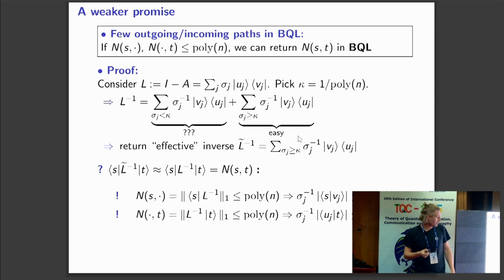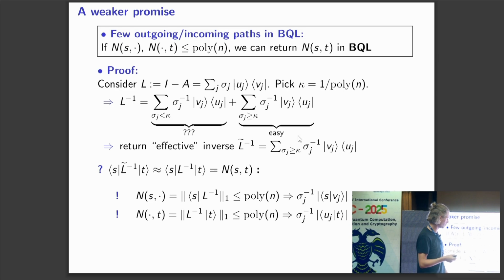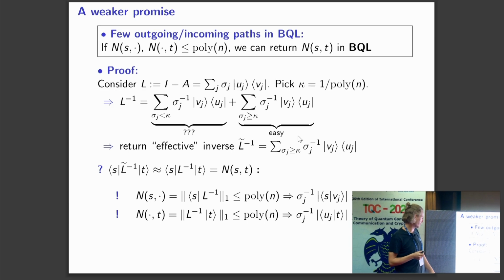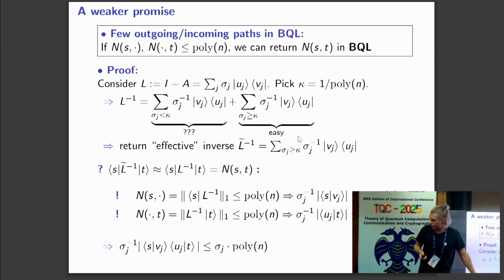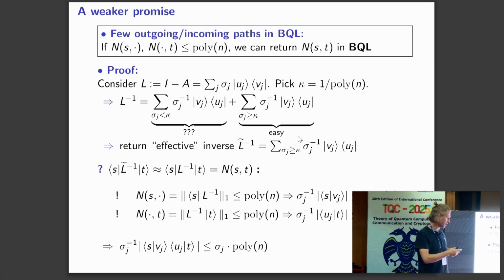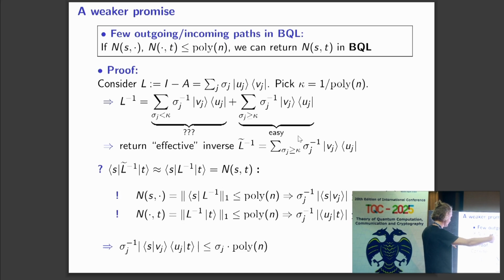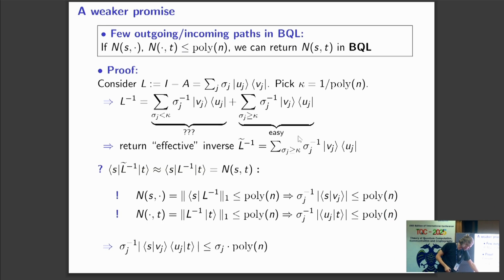And we can do the same thing for T. Similarly for T, we know that T must have a small overlap with the bad left singular vectors. And it turns out that we need both of these because we can then put these together. If we take the product of these, we put one sigma j on the other side, then we see that if we put S and T around this inverse, the relevant entries are going to be terms of this form.